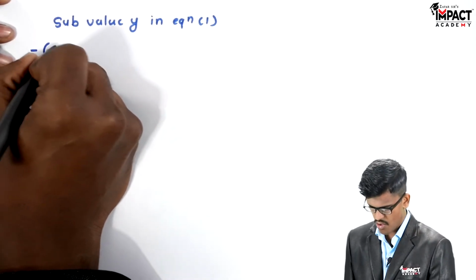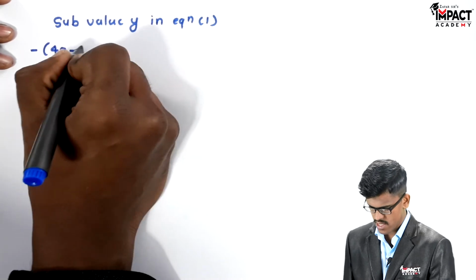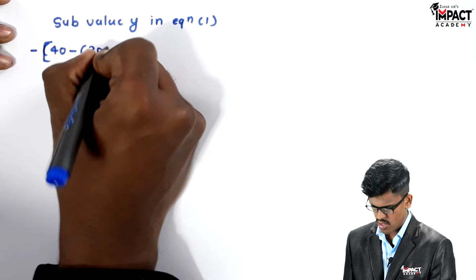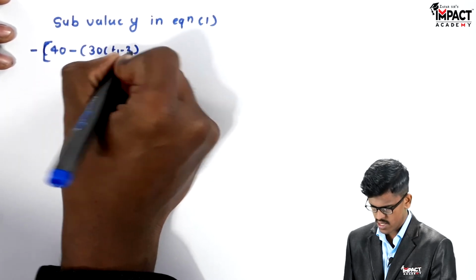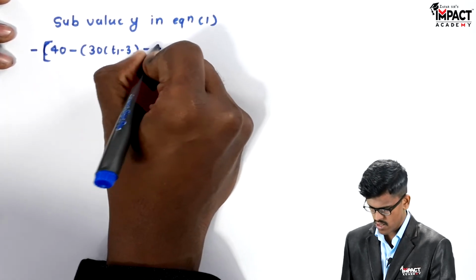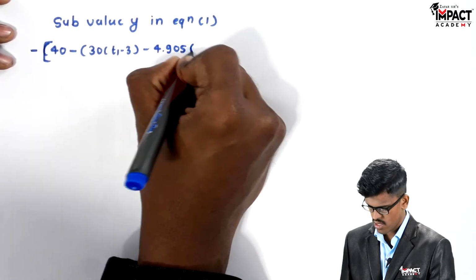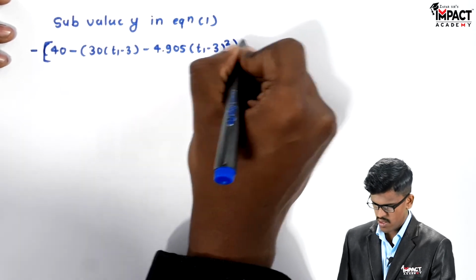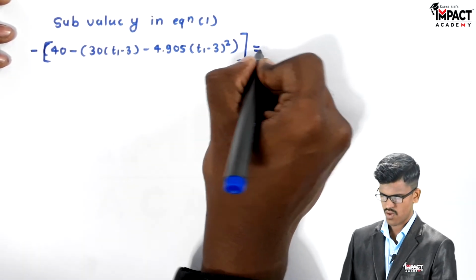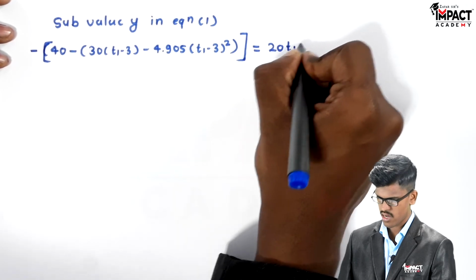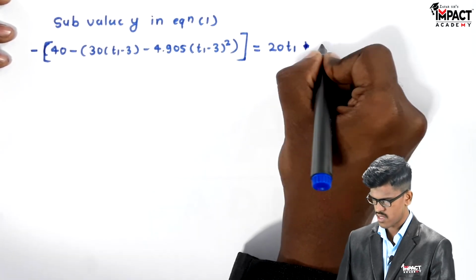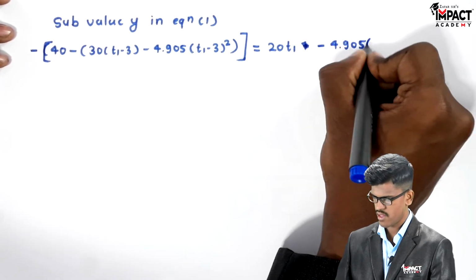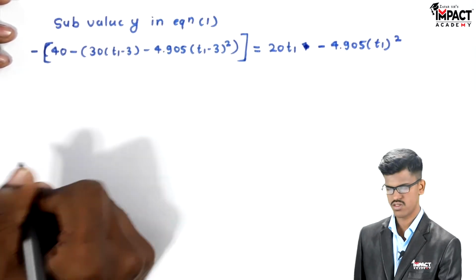So minus 40 minus, in bracket, 30 (t1 minus 3) minus 4.905 (t1 minus 3) square, is equal to 20 t1 minus 4.905 t1 square.